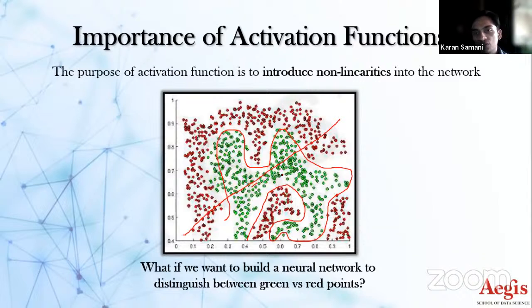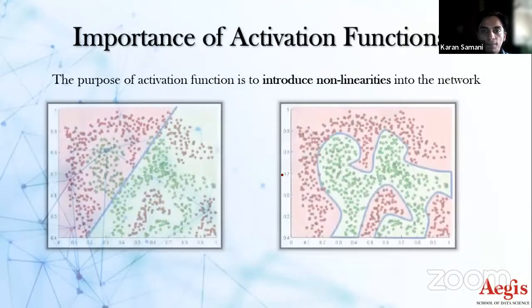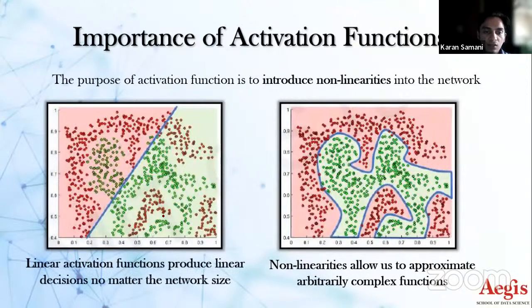Activation functions enable us to use these non-linearities, which can make our output more accurate. How? If you see a simple linear function, this is how it fits a line, and it classifies that above the line everything is A, below the line everything is B.